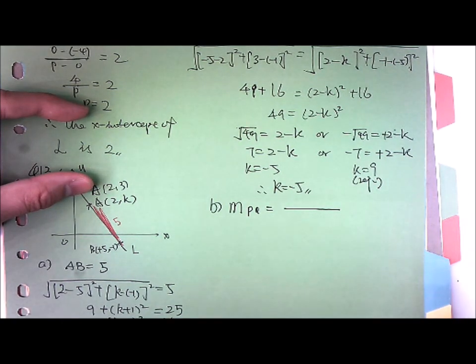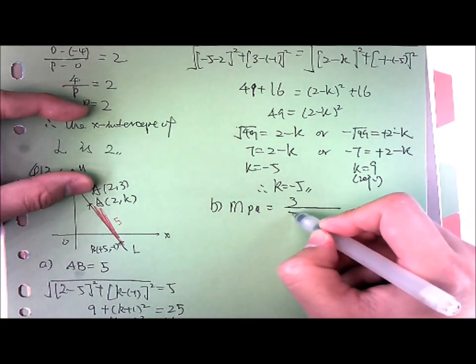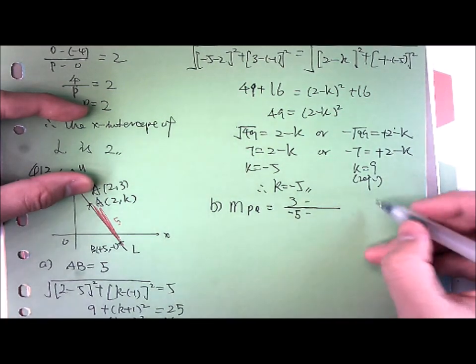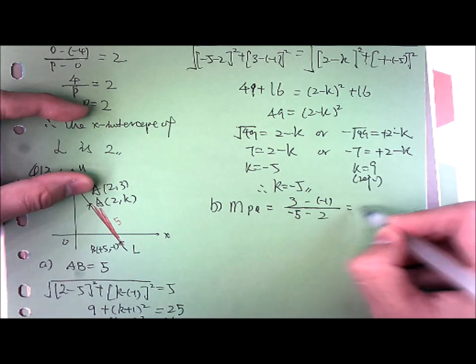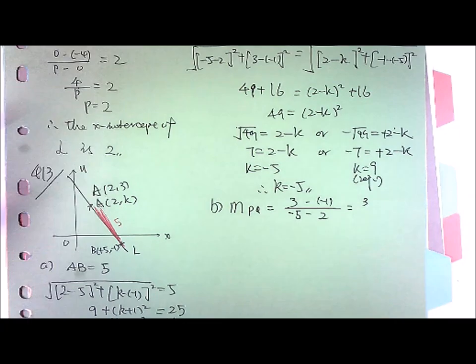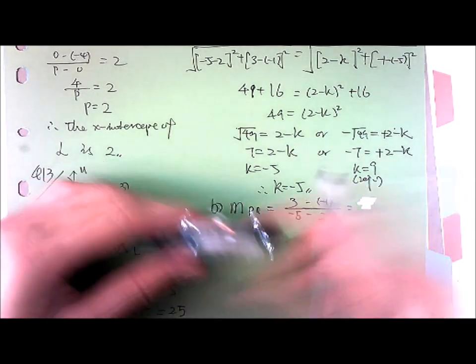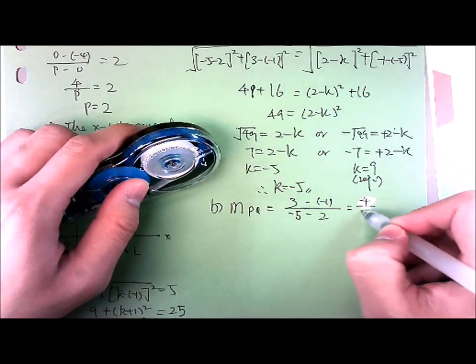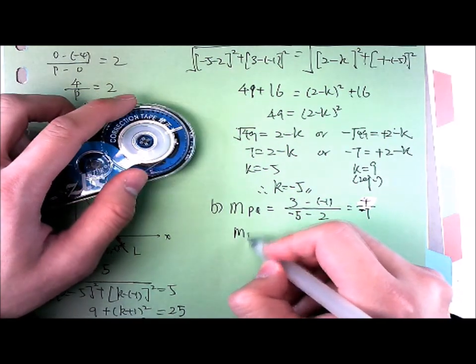For slopes, 3 minus 5, minus, here negative 1 and then 2. This is 4 above, 4 above negative 7, and then m_PR.